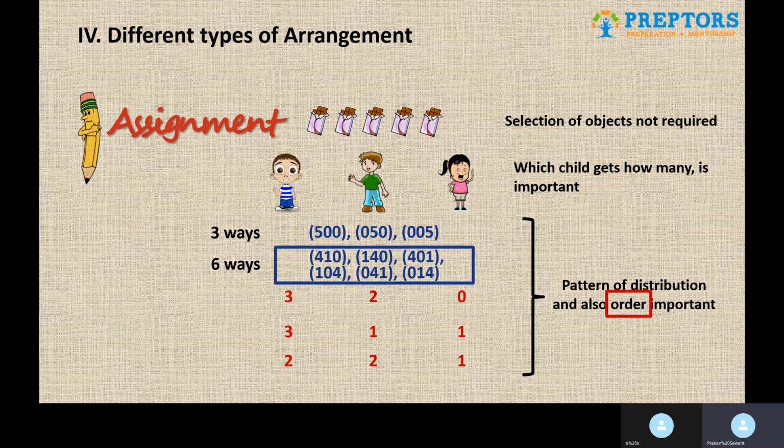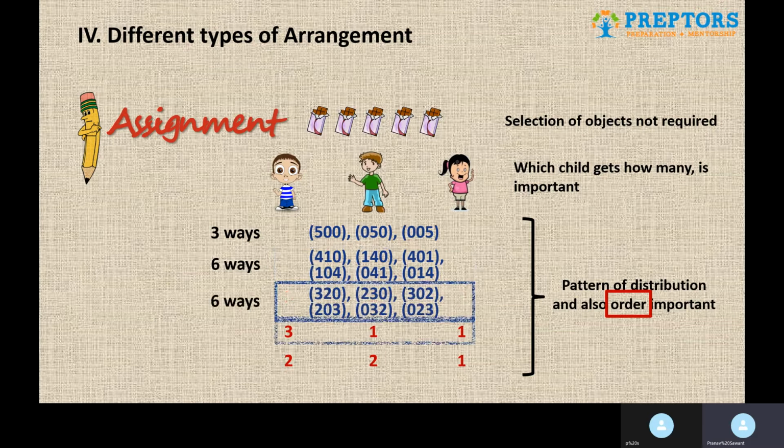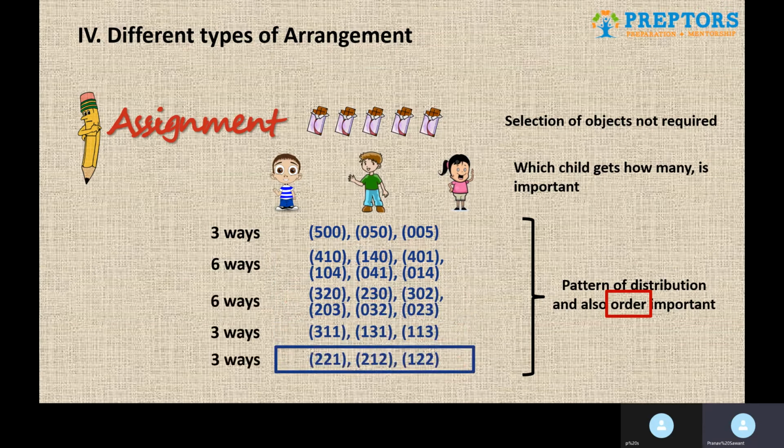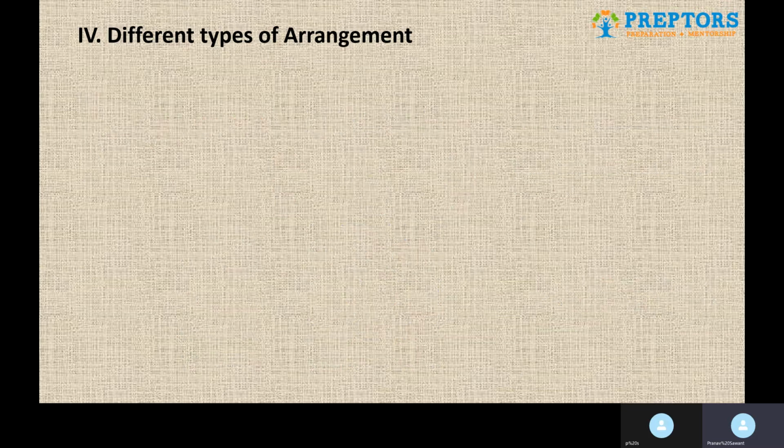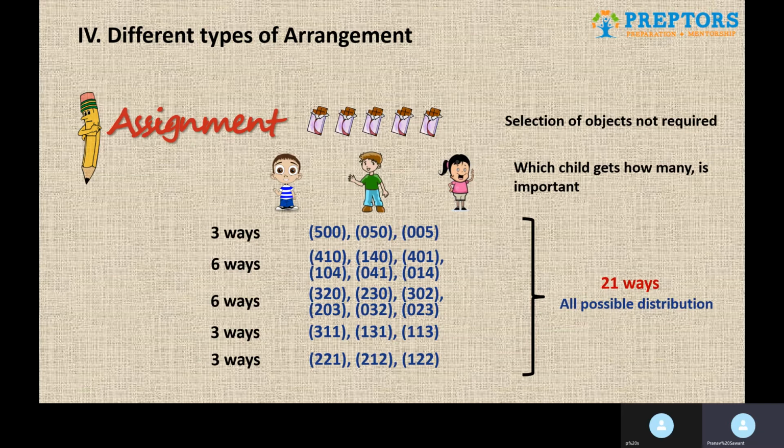This is a universal fact. So the third distribution pattern will also have six ways, fourth will have three, and the last one will have three. So this is the distribution pattern. So total how many? 3 plus 6 plus 6 plus 3 plus 3. That will give us 21 possible distributions. That is 21 ways.